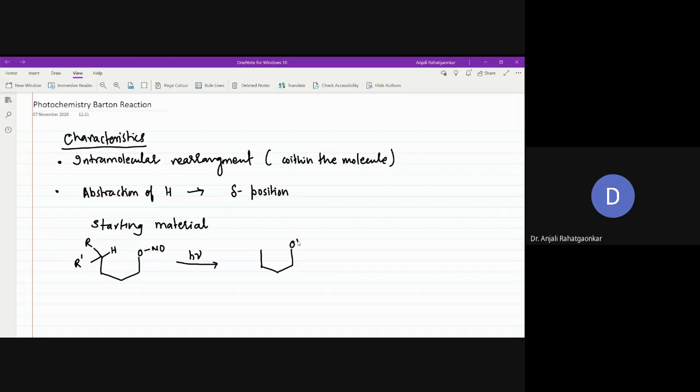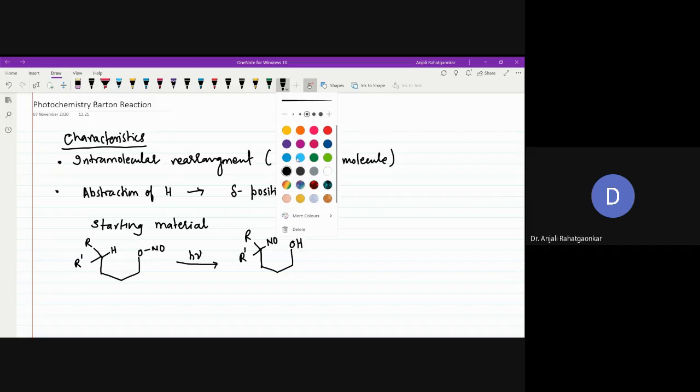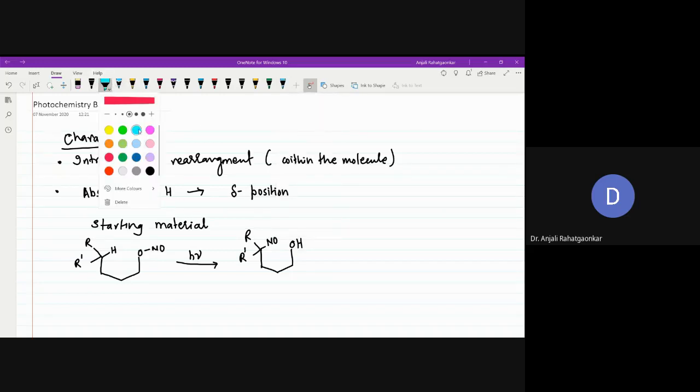In general, we have seen the alcohols, and this is a nitroso group. What you can observe over here is that there will be an exchange of these two groups.